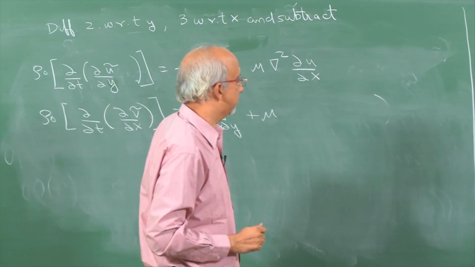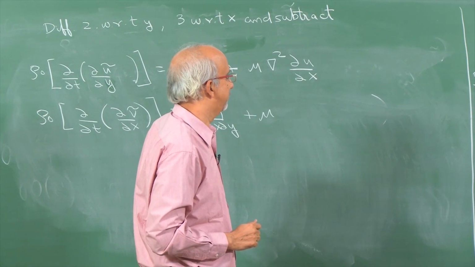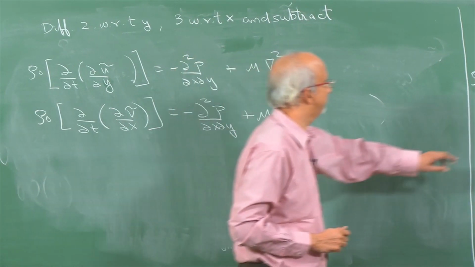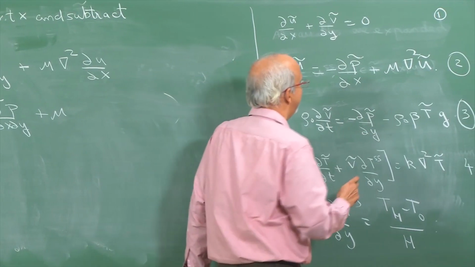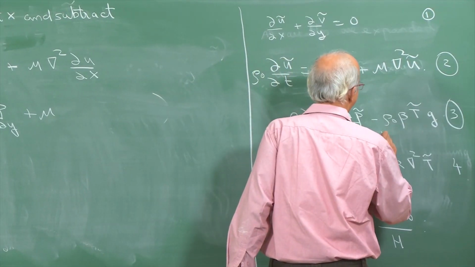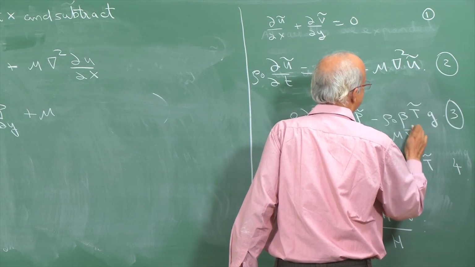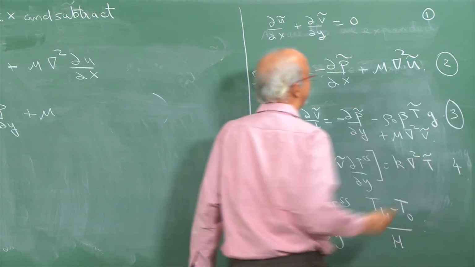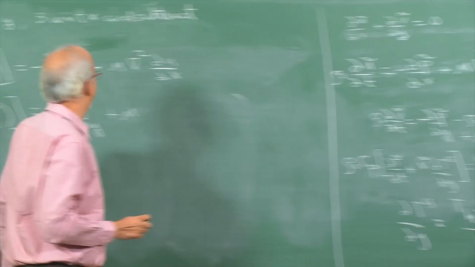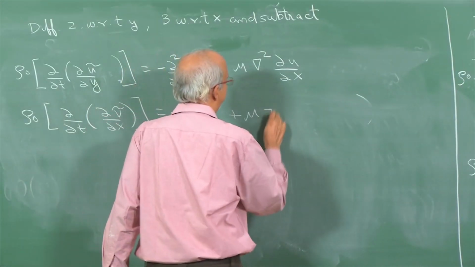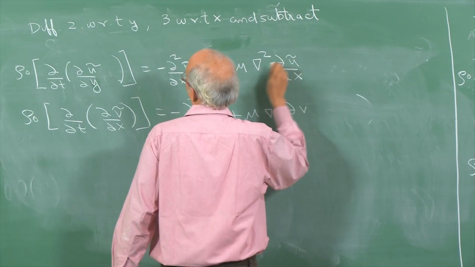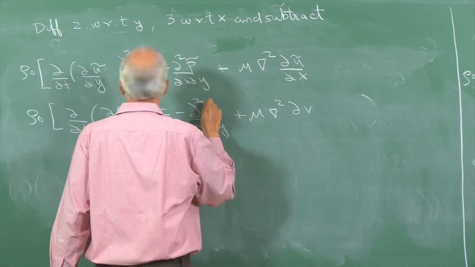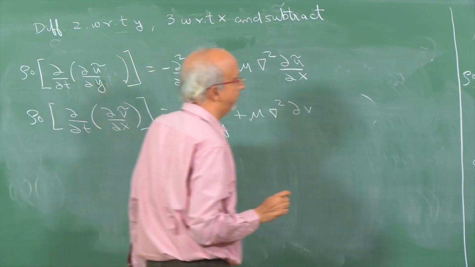did I miss out the viscosity term? I believe I have missed out a del square v tilde term here. So, you must go back and write this term here, mu del square v tilde. All these are, remember, tilde variables, all these are perturbation variables.